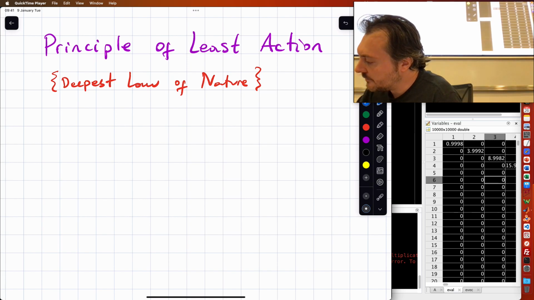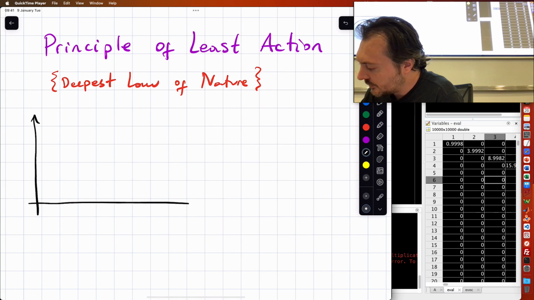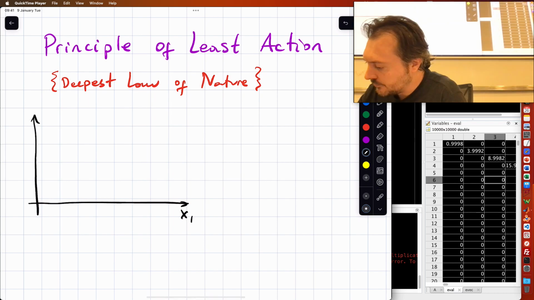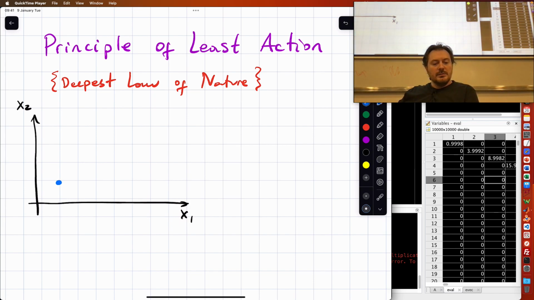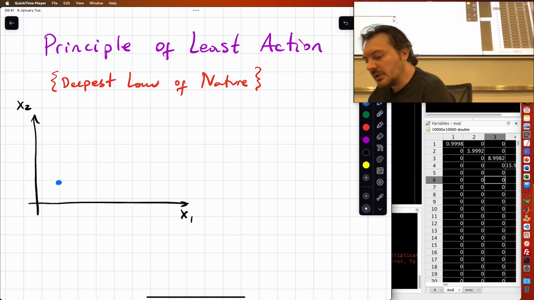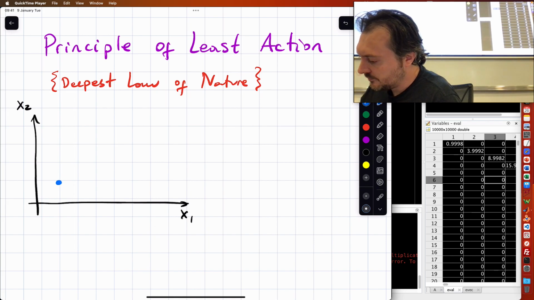Let's say I have a system, and these are the coordinates of the system, x1, x2. And this x1 and x2 could be position and velocity, for example. Okay, let me just make it x1 and p1.